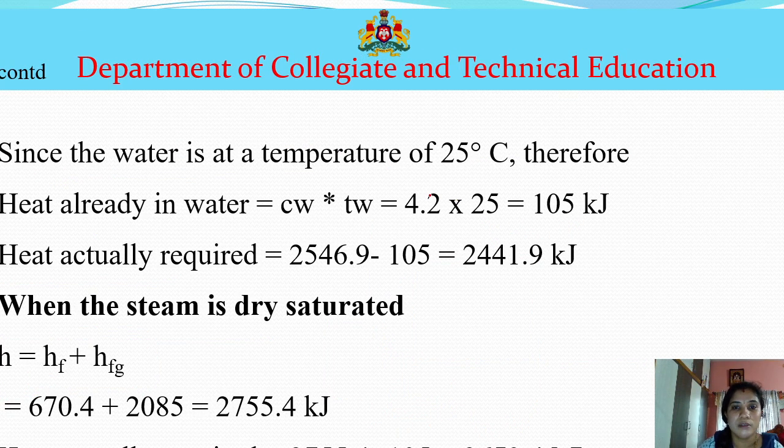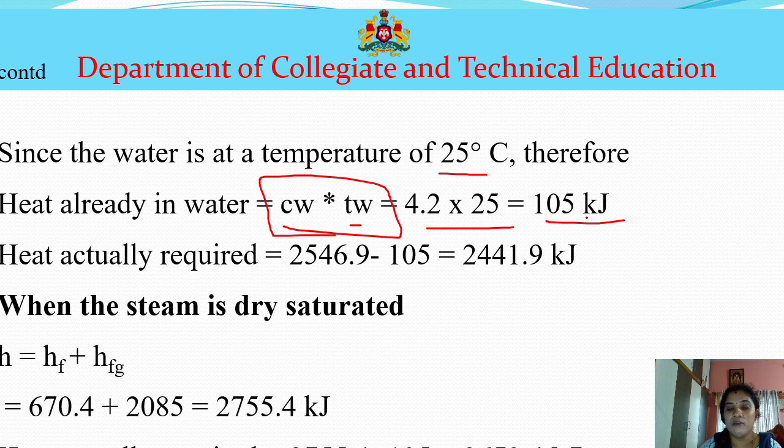So they have given the temperature of the water as 25 degrees Celsius. And so the formula will be, you have to remember this particular formula. It is Cw into Tw, where C indicates the specific heat of water into the initial temperature of water, that is 4.2 into 25.